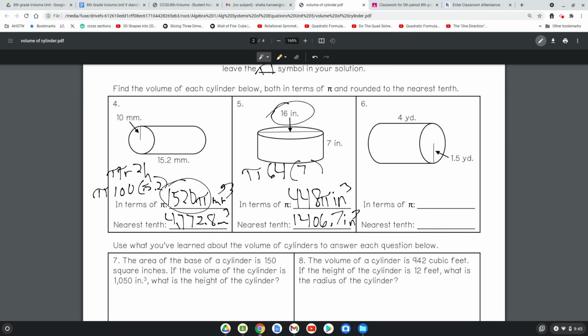Okay, next one. Again, the height. This is the height, even though it's not up and down, because it's between the two bases. So it's a cylinder. So the area of the base is a circle times the height. So 3.14. The radius is 1.5 squared.